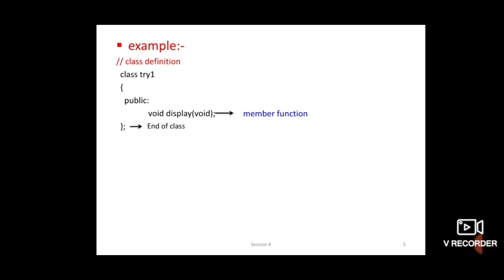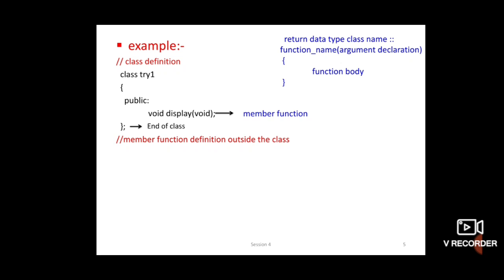Just declare it like this, void display in brackets void. This is the declaration of that member function. Then the actual coding is written outside the class definition. Now you know the syntax of a member function outside the class definition. See, return data type, class name, scope resolution operator, function name, in brackets the argument declaration, begin, function body and end.